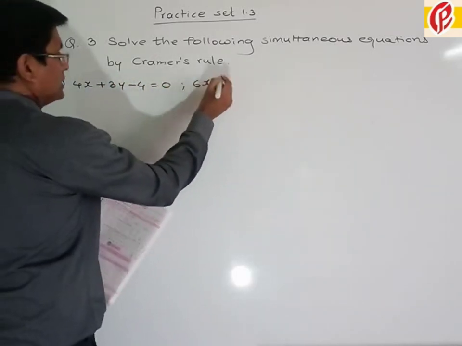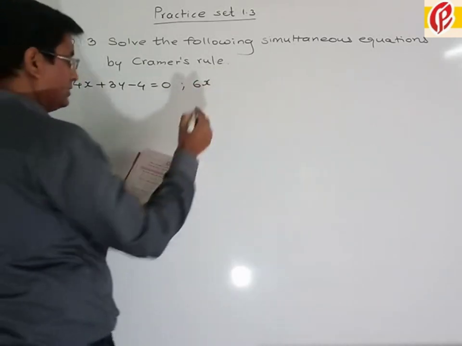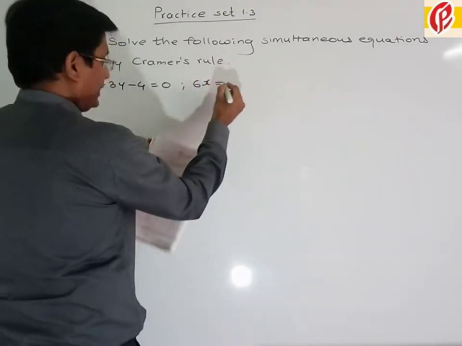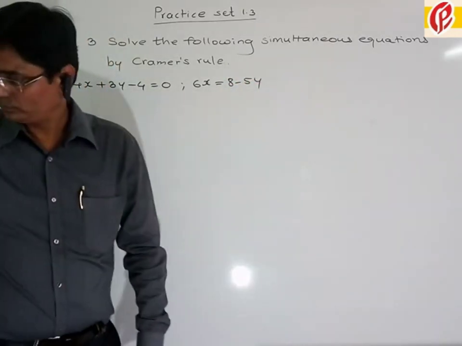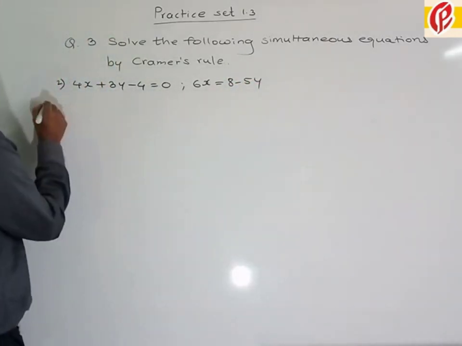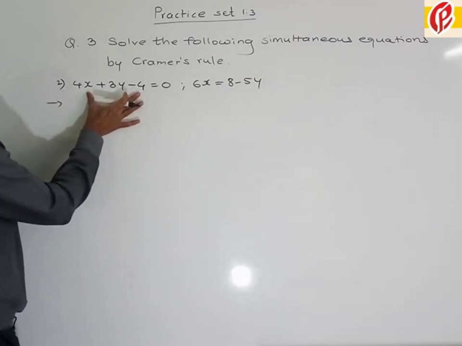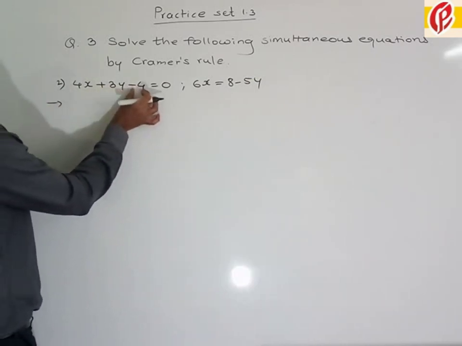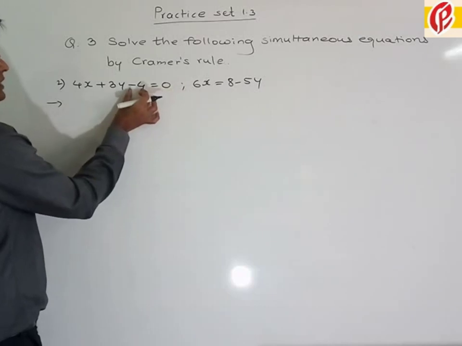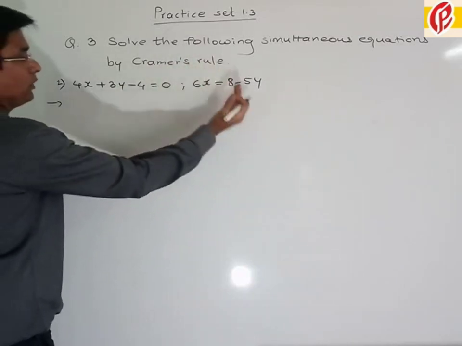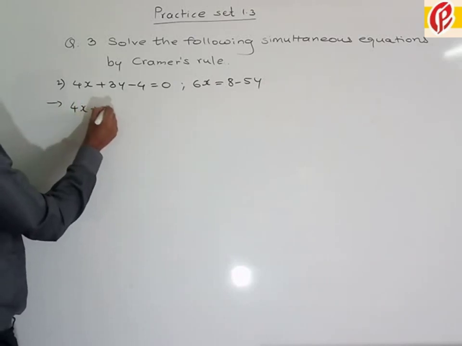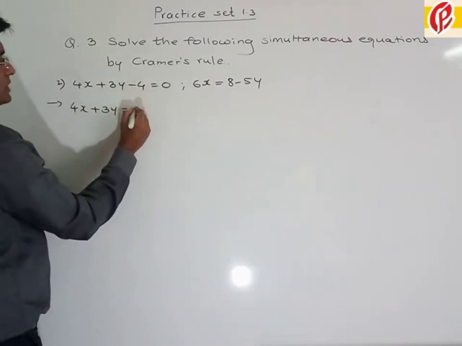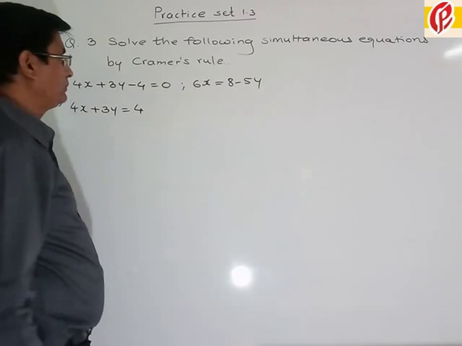Second is 6x is equal to 8 minus 5y. So the first equation is this, 4x plus 3y minus 4 is equal to 0. But this constant number should be on the right side. So we will write it this way, 4x plus 3y is equal to 4, minus 4 will be plus 4.